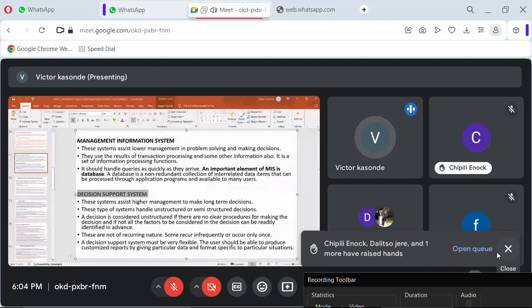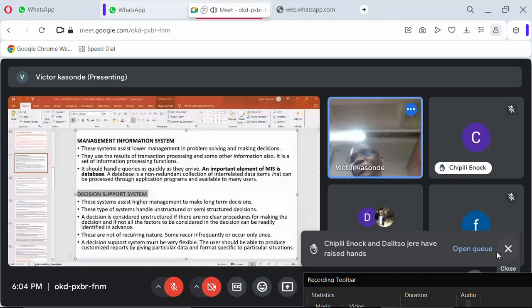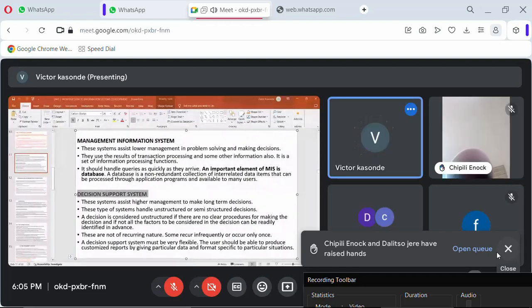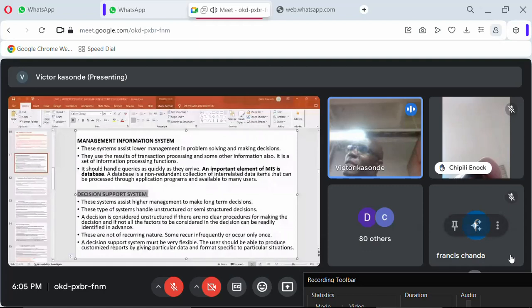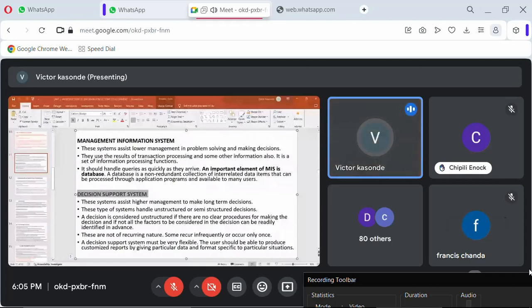This management system needs permission from the decision support system to make a final decision. Let me give you an example of a family setup. A father can come down and do fact finding.